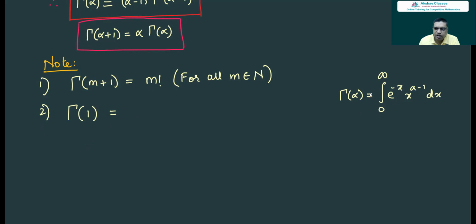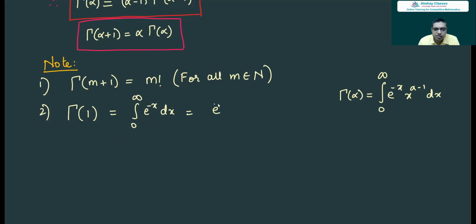So when alpha is 1, we get the integral from 0 to infinity of e to the power minus x into x to the power 1 minus 1, x to the power 0, that is 1. So we are left with the integral from 0 to infinity of e to the power minus x.